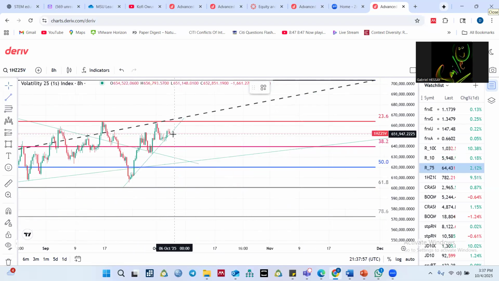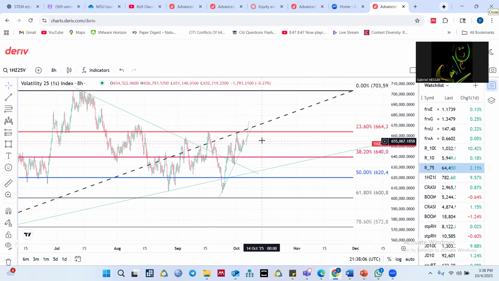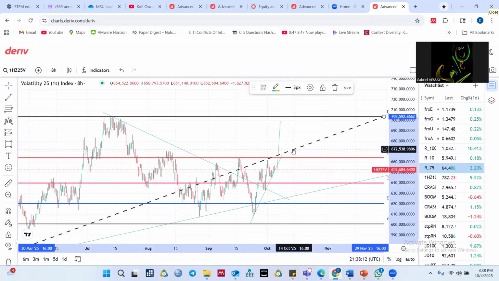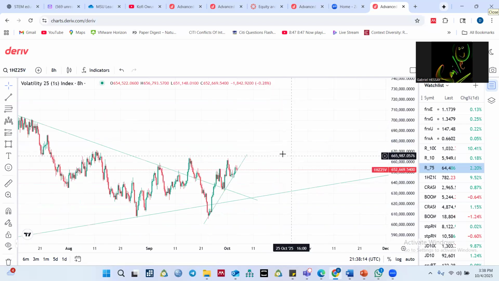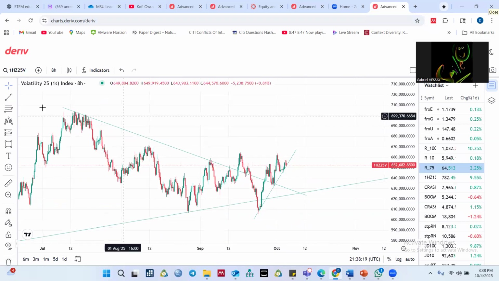Another thing is either price stays on the trend line and then closes above the 23.8% and then climbs up. So all these are possibilities that could happen.